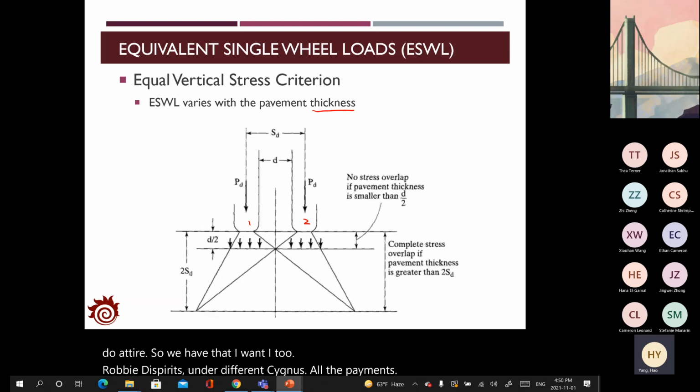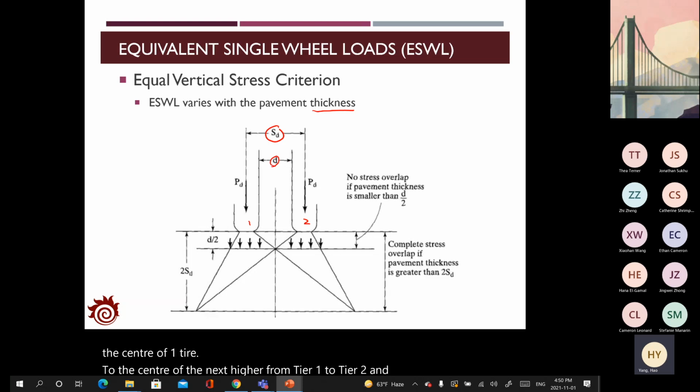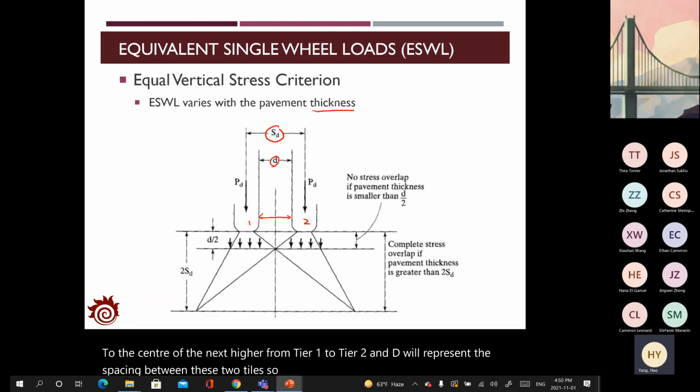In this figure, you can consider SD to be the distance from the center of one tire to the center of the next tire, from tire 1 to tire 2. And D represents the spacing between these two tires, from the right end of tire 1 to the left end of tire 2.